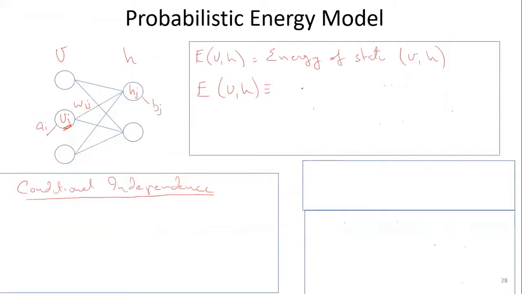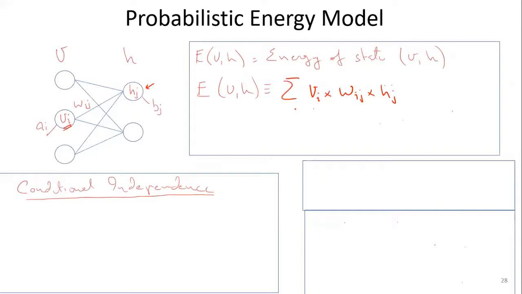We're going to take V sub i and multiply it by the weight Wij, and then multiply it by the hidden variable H of j. And we'll sum this over all possible what?